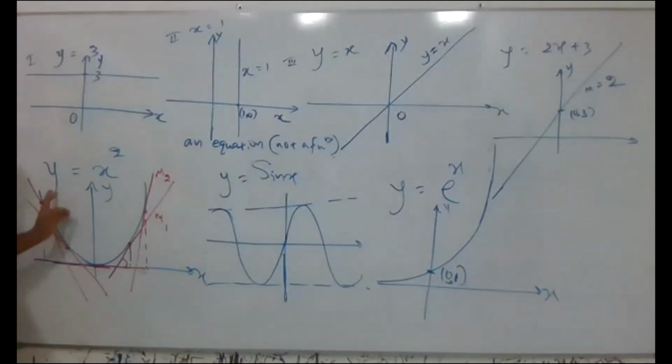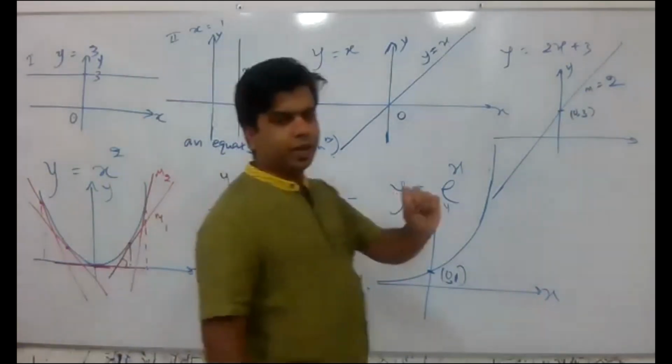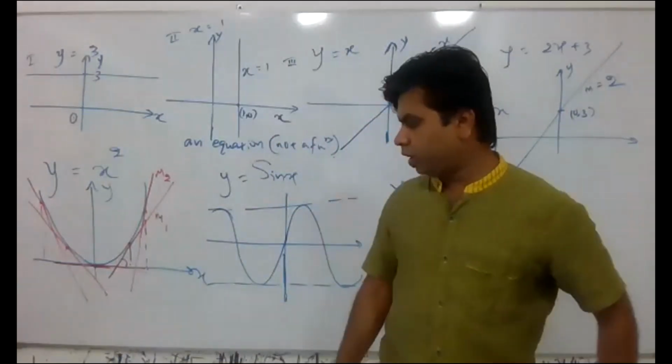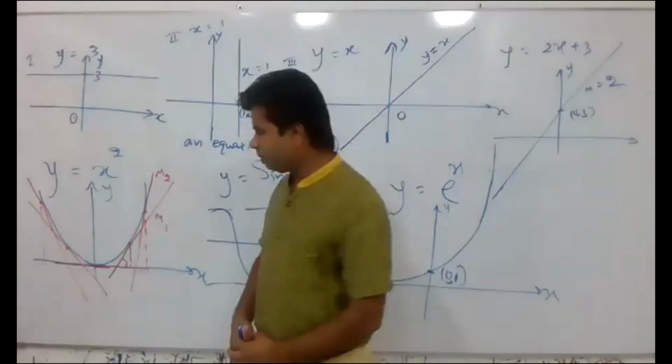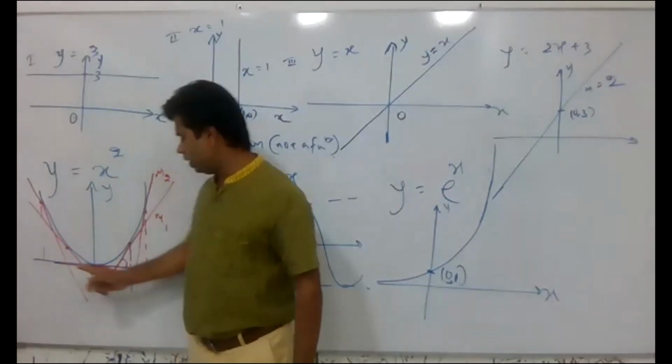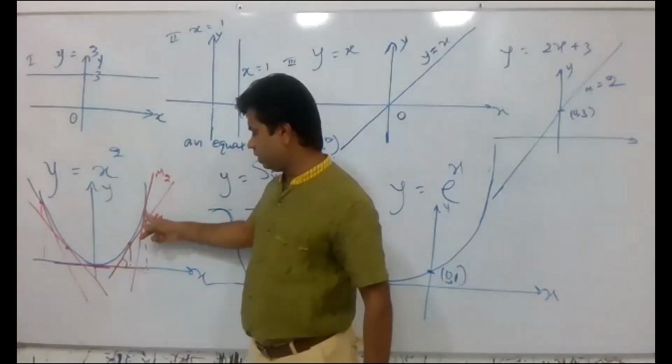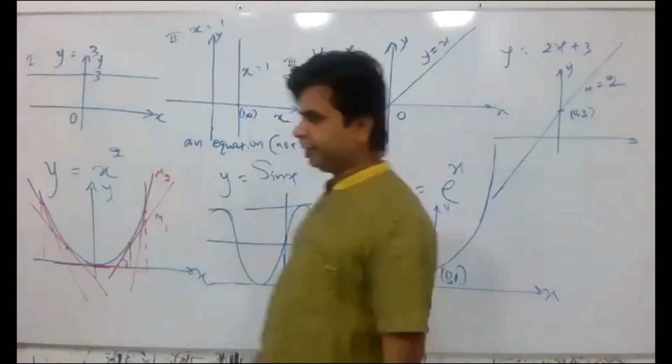So you can go for this, y equals x squared. Take just the parabola only. And if you want, you can draw the tangents like this, at different points, somewhere here, somewhere here, somewhere here.